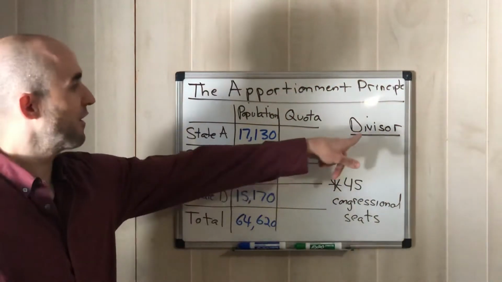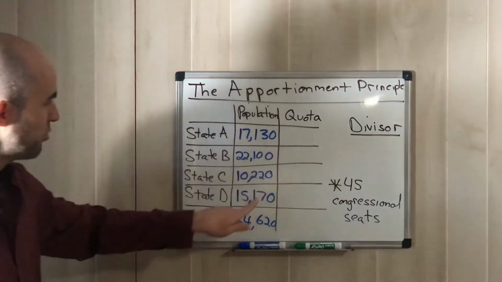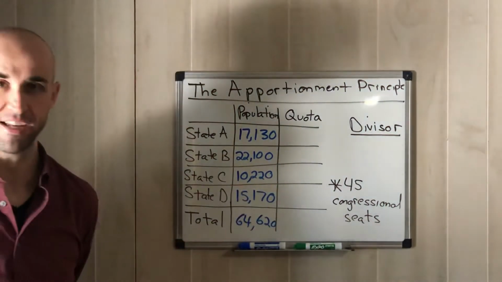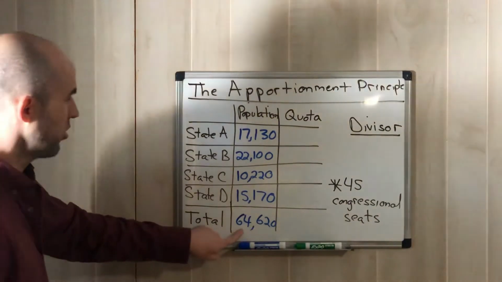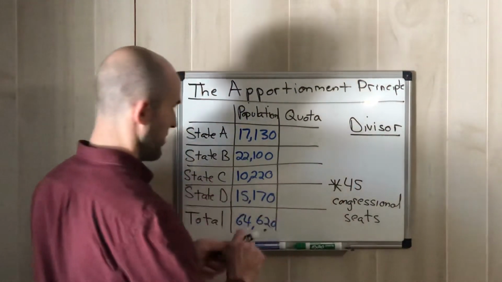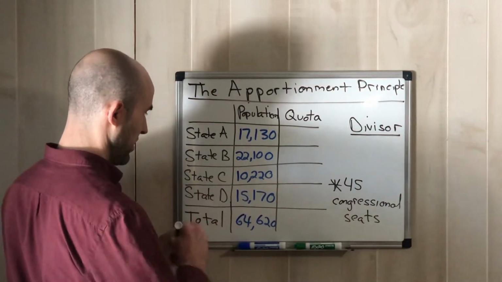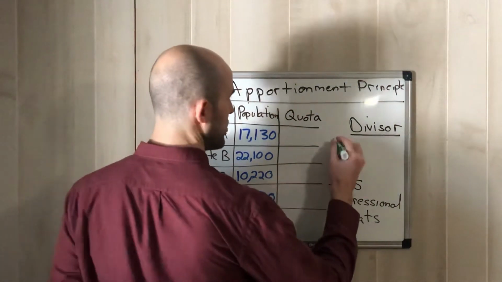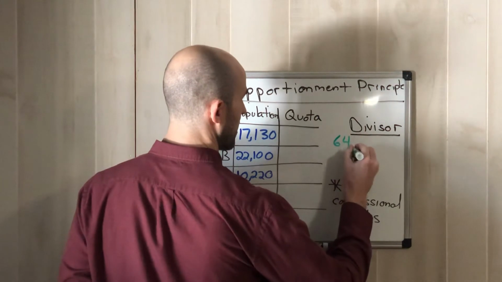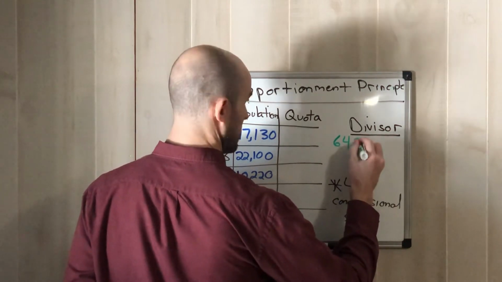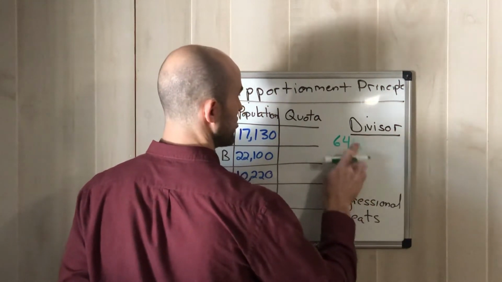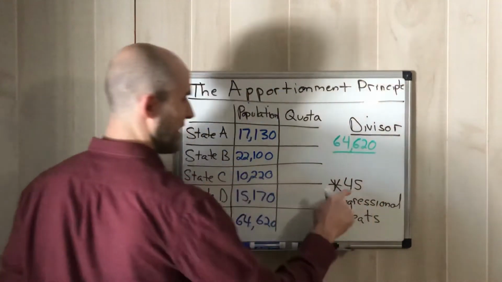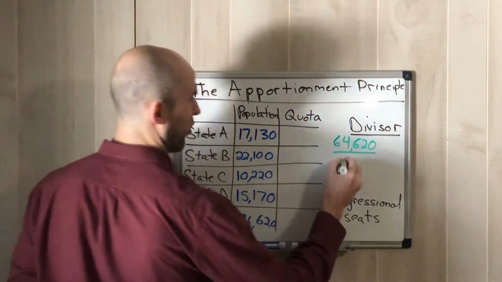The way that you figure out the divisor, you take the total and divide it by what you have to split up. So in this case, our total is 64,620. Let me do it in a different color. We have 64,620, and we're going to divide that by how many we have to share, 45.